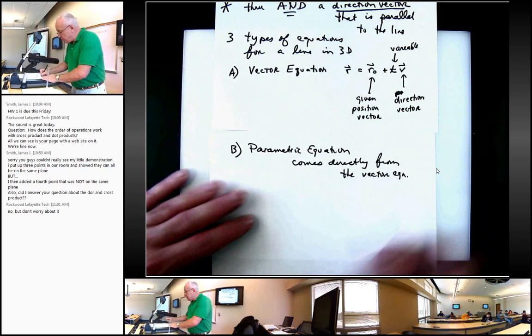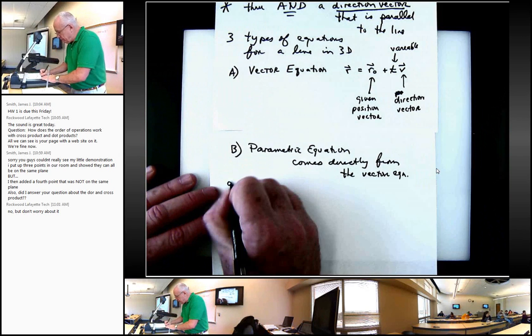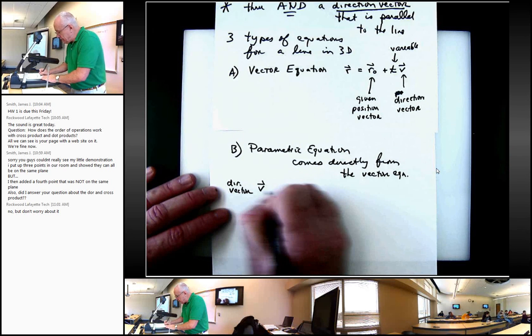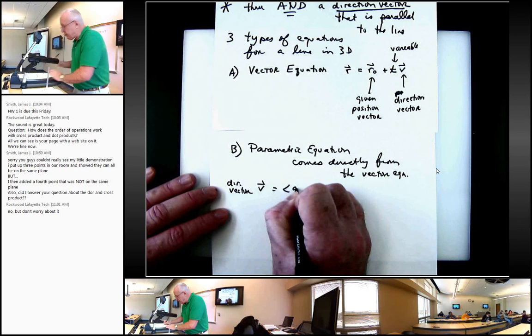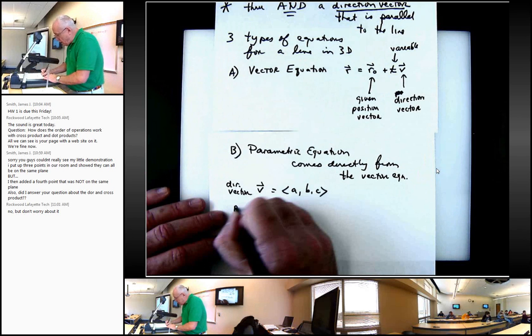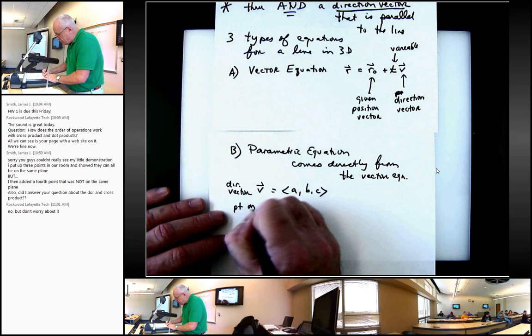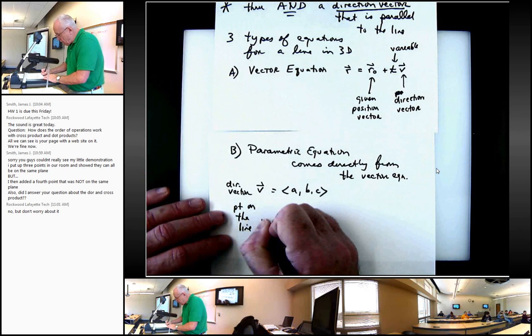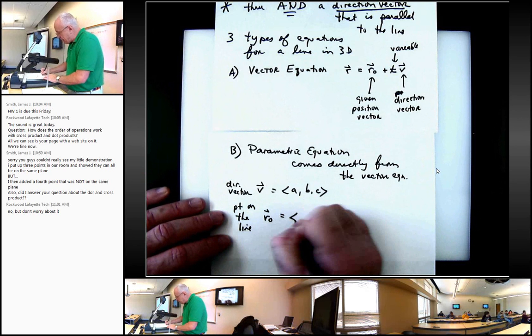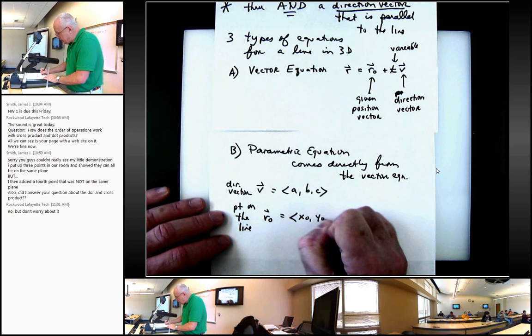Let's say our direction vector v has the components a, b, and c. Let's suppose the point on the line that we're given, r naught, is the position vector x naught, y naught, and z naught.